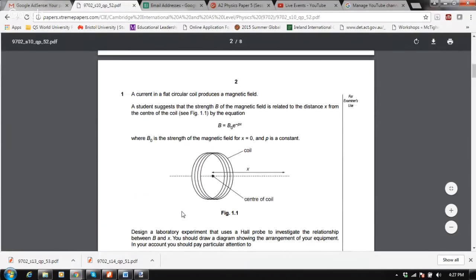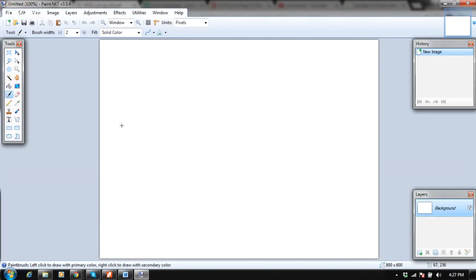The distance has to be measured from the center of the coil. So when you are drawing the diagram, you have to clearly mention how you will support the coil. I think of the coil like this, like 3D. So here is a coil.